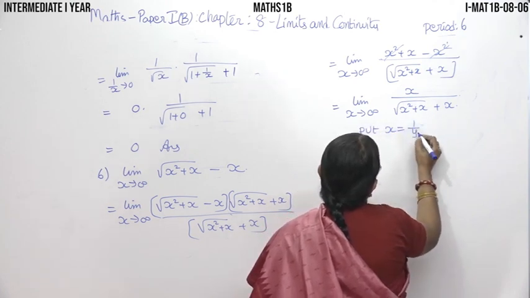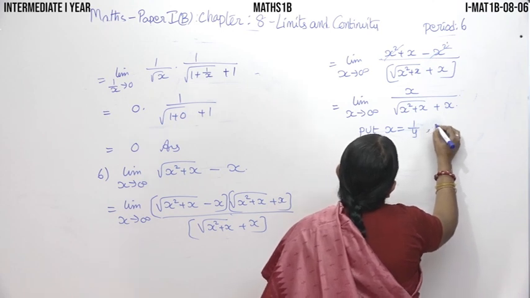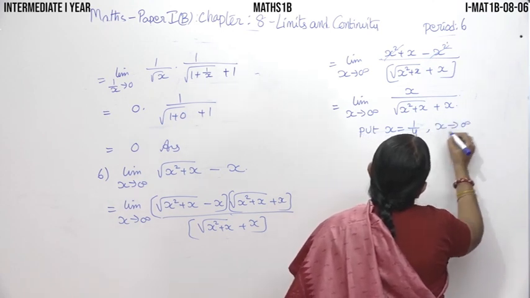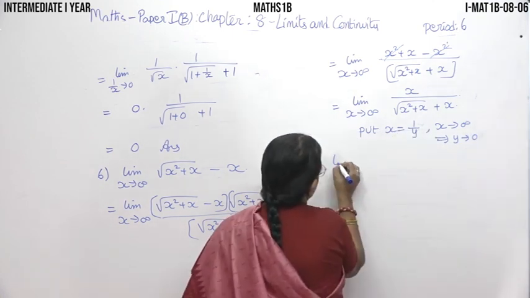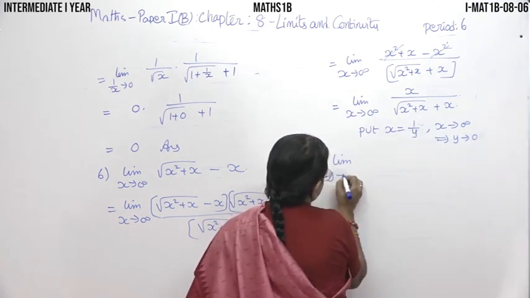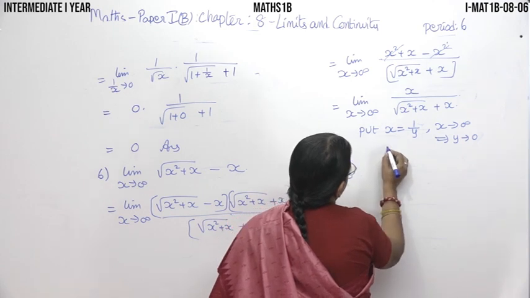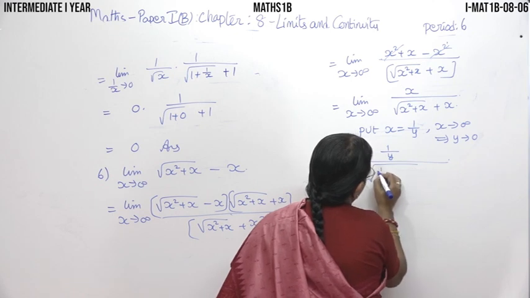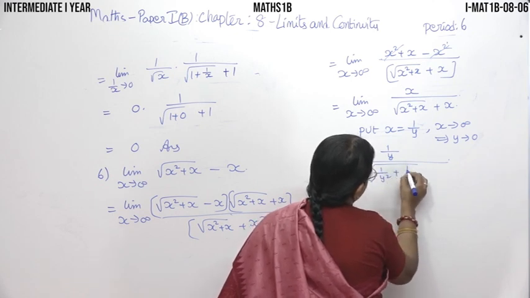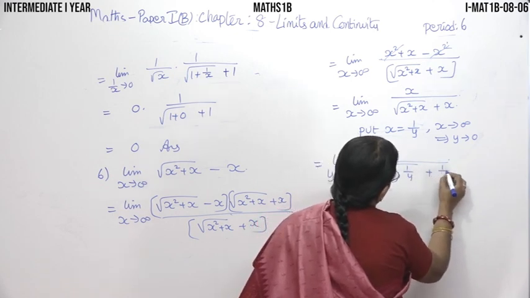We'll try like this: put x is equal to 1 by y. X tends to infinity implies y tends to 0. Okay, so this becomes limit as y tends to 0 of 1 by y by root of 1 by y square plus 1 by y plus 1 by y.